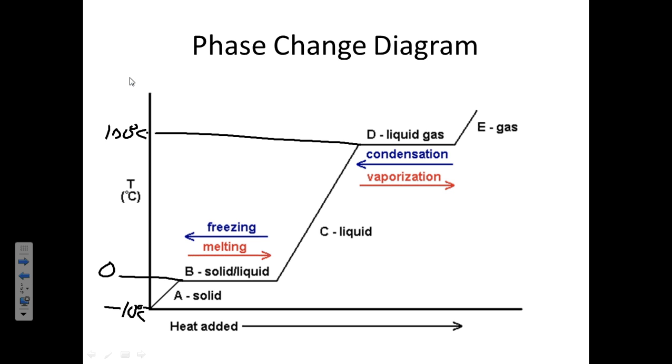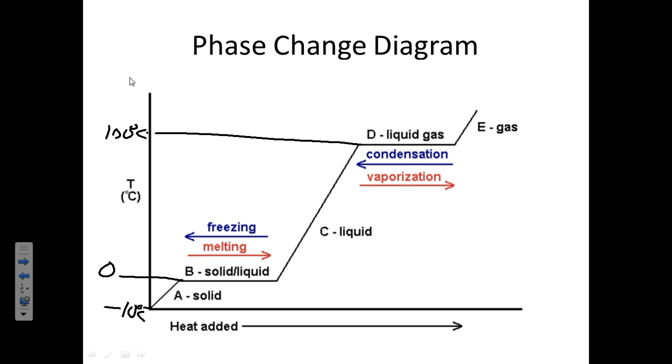Let's say this is a diagram for water. So down in here, we've got water at negative 10. Can you get water at negative 10? Turns out you can get it a little bit below 0 if it's a mixture of what? Ice and water.